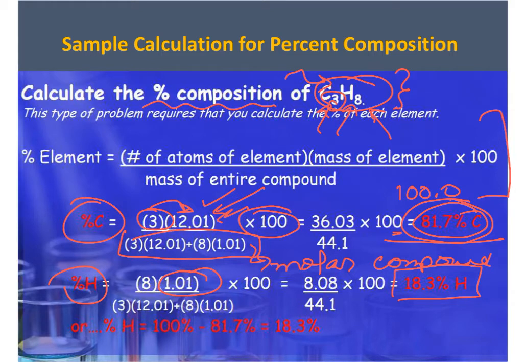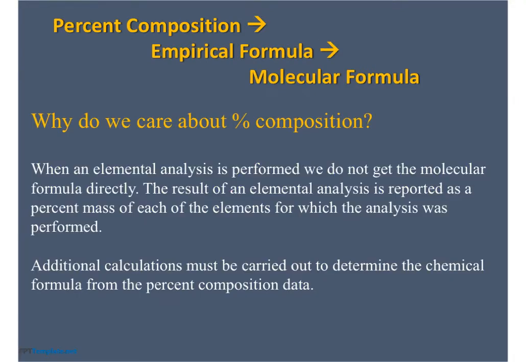So I just wanted you to know that's a possibility. I have seen some questions on the standardized final that will be missing some vital information, and unless you think to figure out a certain percent composition by using 100 minus the percentages that you know, you wouldn't be able to figure it out. You might think to ask, why do we care about percent composition of a chemical formula?